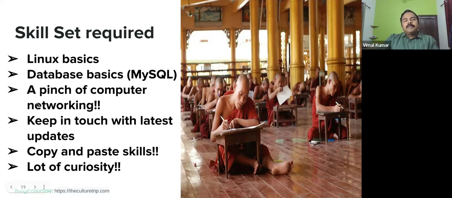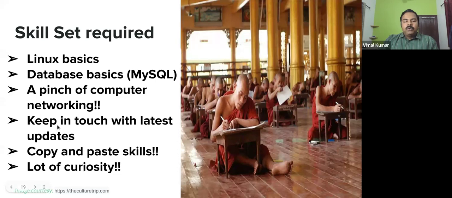What are the skill sets we have to acquire to implement Koha? One is Linux basics, a set of skills to manage Linux. Second is database basics, MariaDB or MySQL. Then a small idea of computer networking.